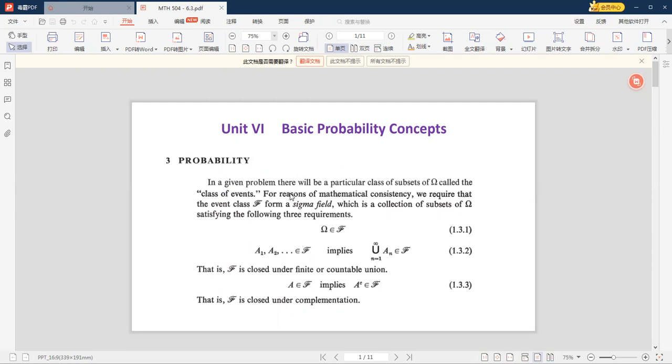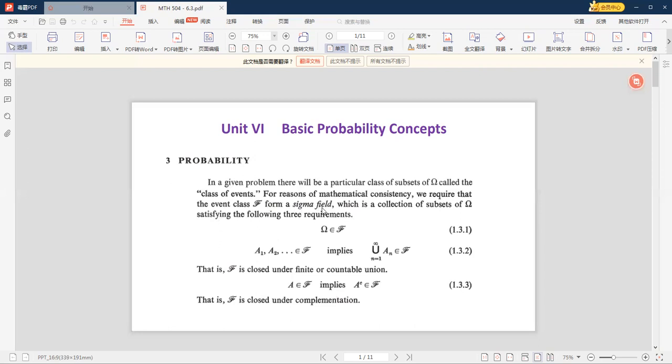We call this class of events F, script F. You can think of it as a set of events that forms a sigma field. There are multiple events in this set, and those sets form a sigma field.